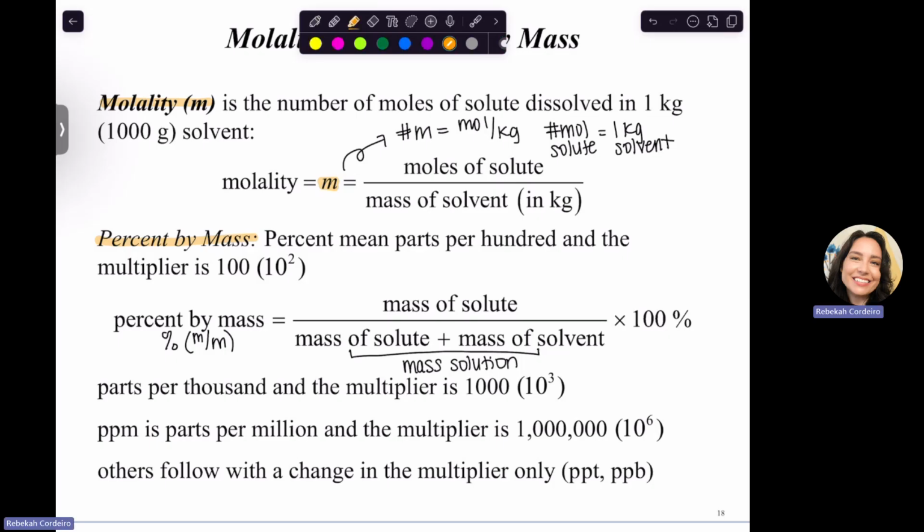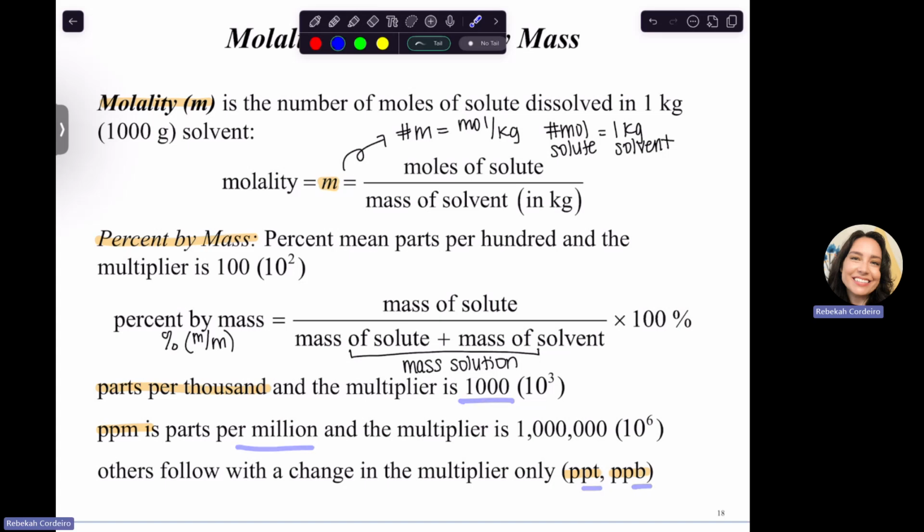And then we get into our parts. So parts per thousand, parts per million, parts per billion, parts per trillion, it's the same thing as percent, but instead of multiplying by 100, you're multiplying by 1,000 or 1,000,000 or 1,000,000,000 or 1,000,000,000,000.